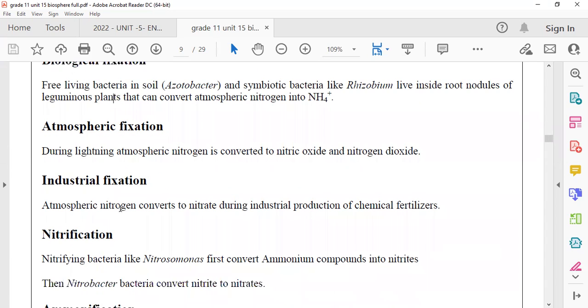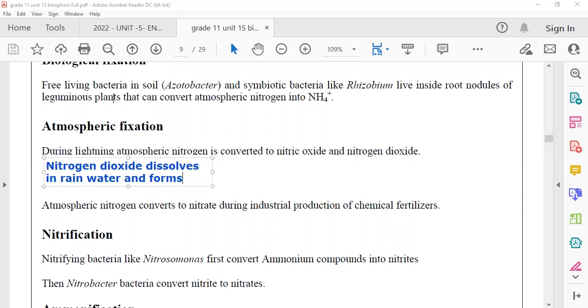Second, it is atmospheric fixation. Here, lightning contributes. N2 gas is converted to nitric oxide and nitrogen dioxide. Your book says that nitrogen dioxide dissolves in rainwater and forms NO3 minus ions.